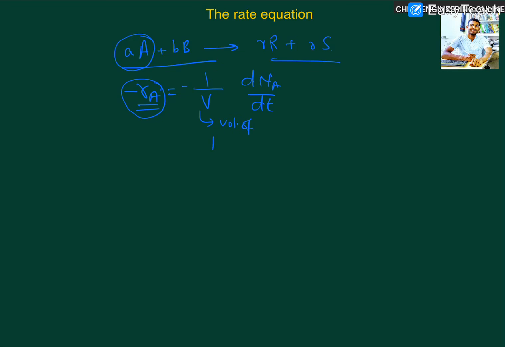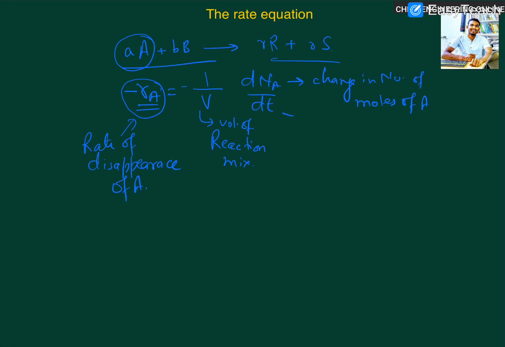V is the volume of reaction mixture, minus Ra is the rate of disappearance of A, dNa is the change in number of moles of A, and dt is the change in time.